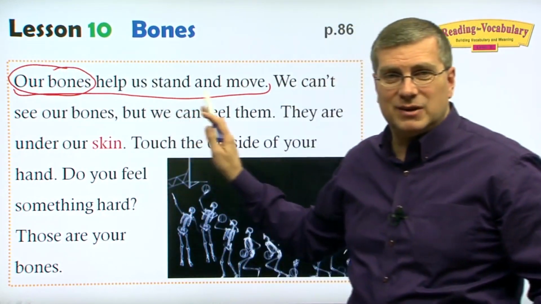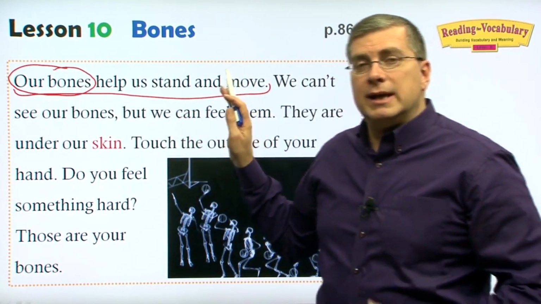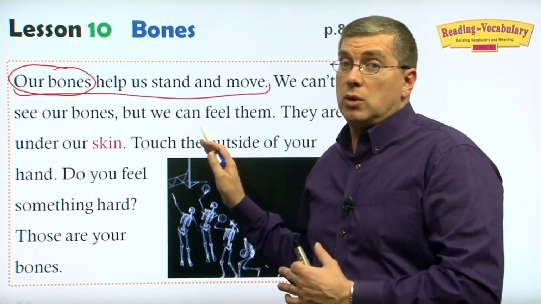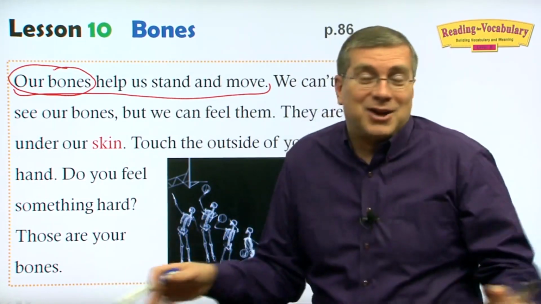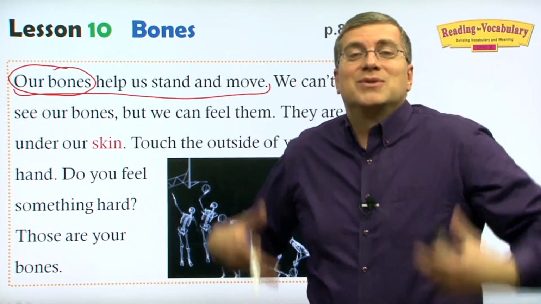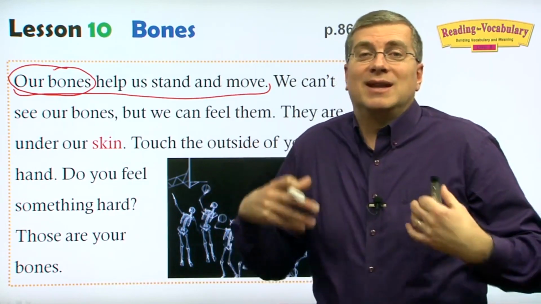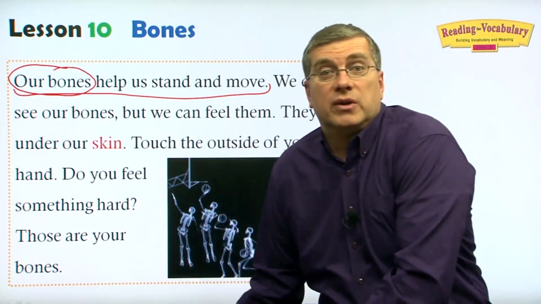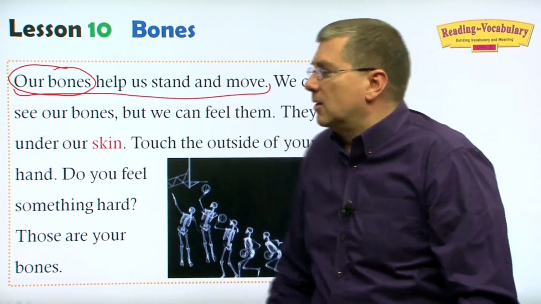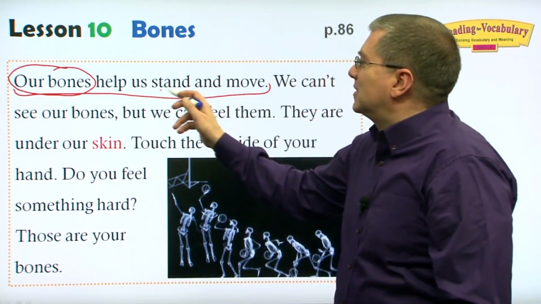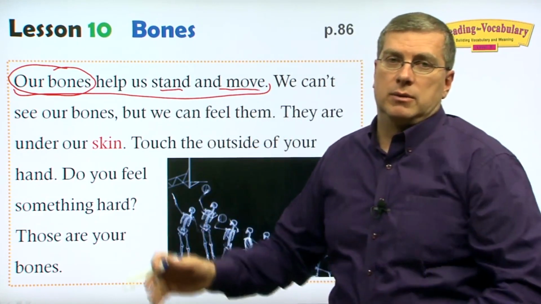That's what this passage is about. So it's saying that bones are very important because think about that. Without bones, I couldn't stand up. Bones help me stand up. If I didn't have bones, I would fall to the ground. I'd be like a jelly, like a jellyfish. Okay? So bones help us stand and move around.